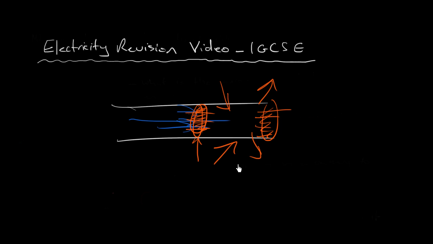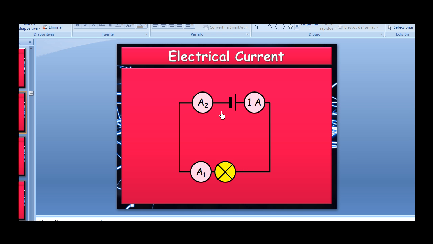And therefore in a series circuit the same amount of current would flow through this point as through this point and through that point. And therefore an ammeter here and an ammeter here would both read 1 amp, the same as it's reading here.